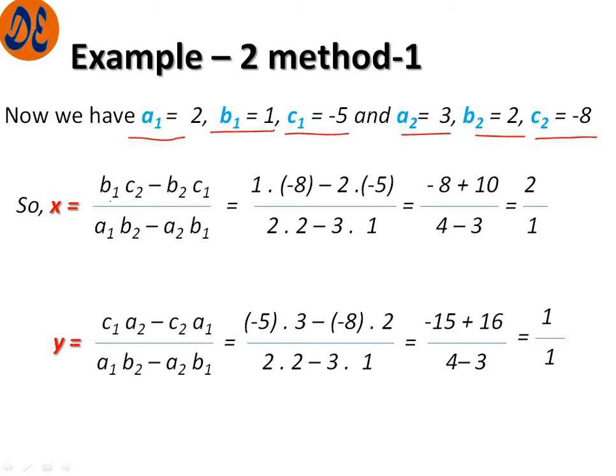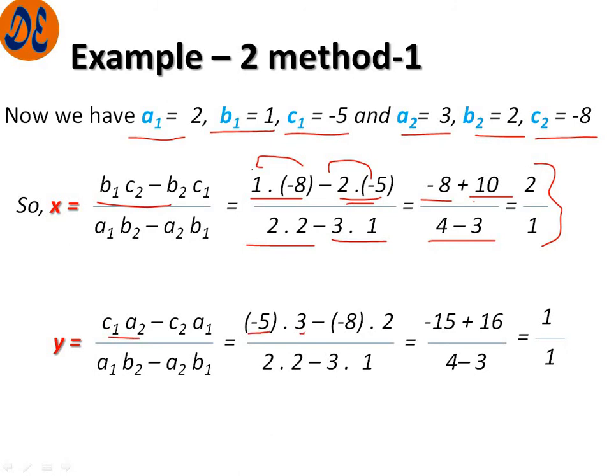If we substitute the values here, we are getting 1 into -8, 2 into -5, by 2 into 2, -3 into 1. So this gives -8, minus and minus is plus, and 2 into 5 is 10. Similarly here 4 minus 3, so here we are getting 2 by 1.